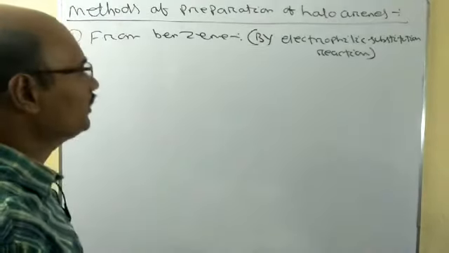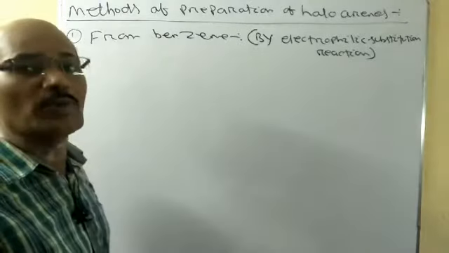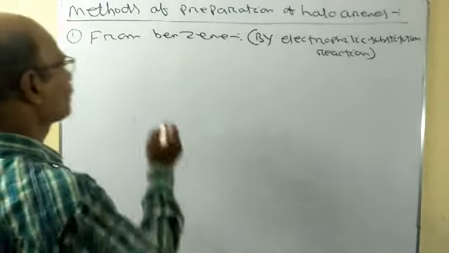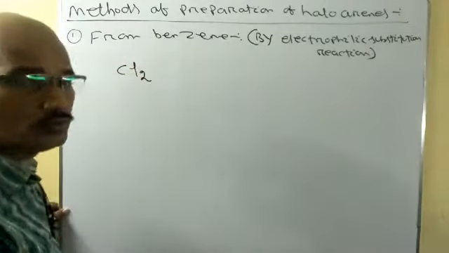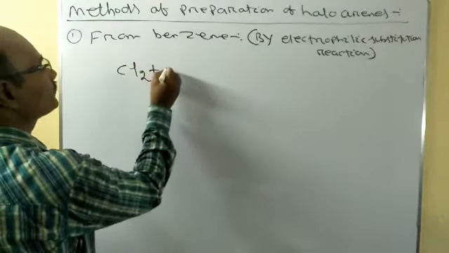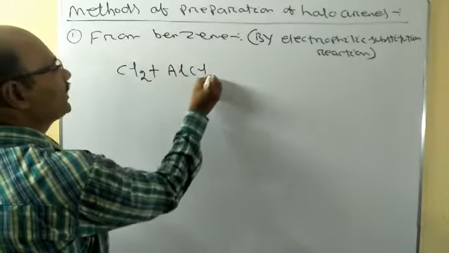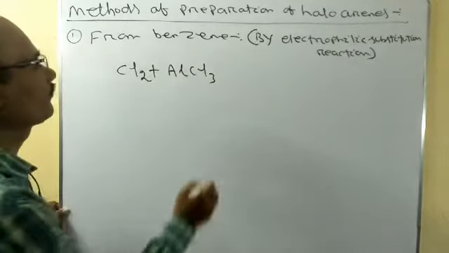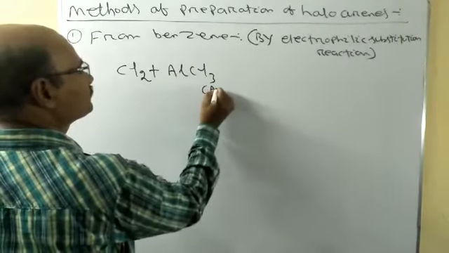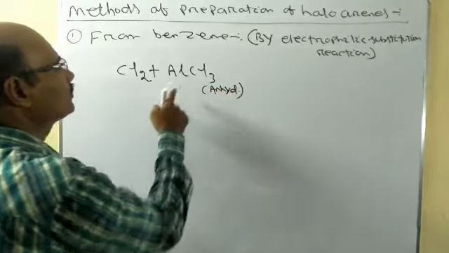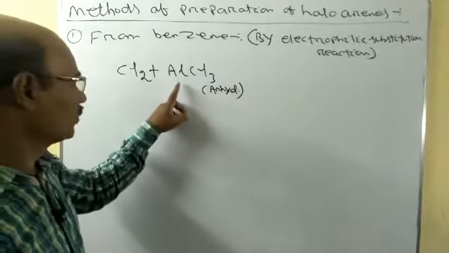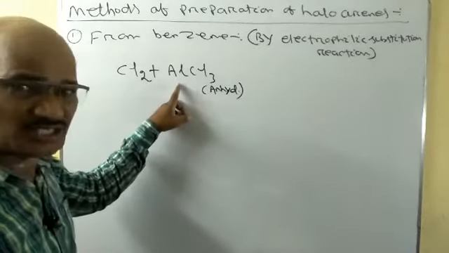Here, if I want to get chlorobenzene, then I have to take Cl2 plus a halogen carrier, anhydrous AlCl3. This is called a halogen carrier. It's a Lewis acid, an electron deficient species.